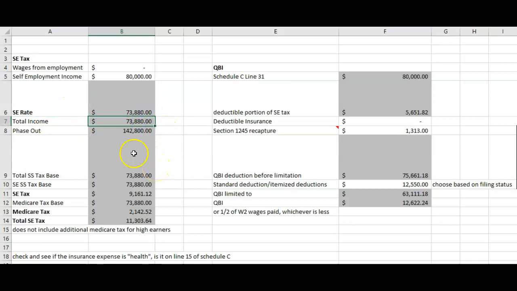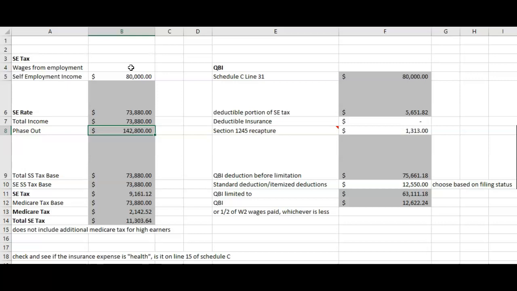And then of course the total income, since I don't have any wages in here, is $73,880. If I put in $100,000, now the total income goes way up. But for this example, I'm going to leave that blank for now. The phase-out amount for this is $142,800, at least for the taxpayer that I have.